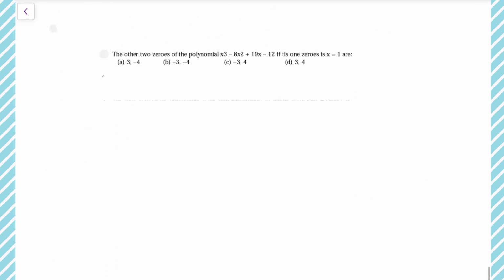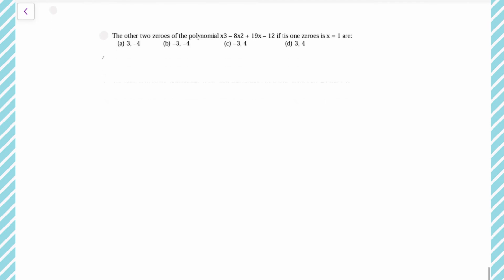Next, the other two zeros of the polynomial x cube minus 8x square plus 19x minus 12, if one of the zeros is x equals to 1. So here also instead of doing the long division method, directly I will go from the options. So first one, 3 and minus 4 I will substitute. x cube minus 8x square plus 19x minus 12. In the place of x, first I am substituting 3.